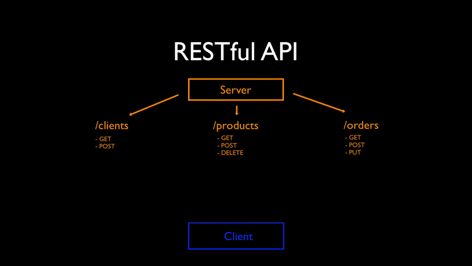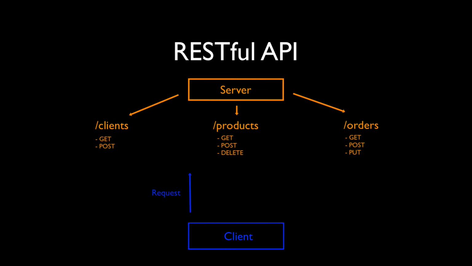We have GET and POST requests for clients. For products we may also have a delete request, and for orders we may have GET, POST and PUT. This is how a RESTful API could look like. We have a couple of URLs and each URL then possibly may support a couple of different HTTP verbs.